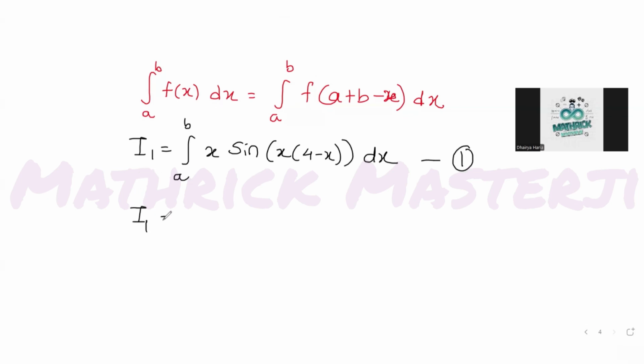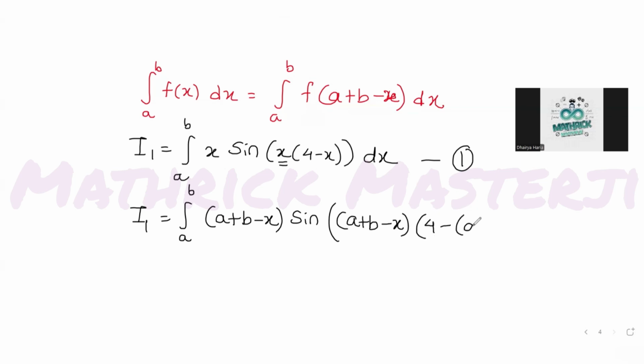I can also write this I1 using this property of definite integrals as the integral from a to b, where instead of x, I write a plus b minus x, and the sine of 4 minus (a plus b minus x) dx.